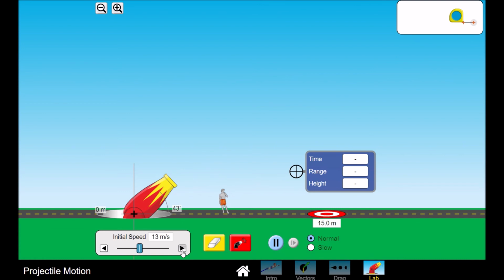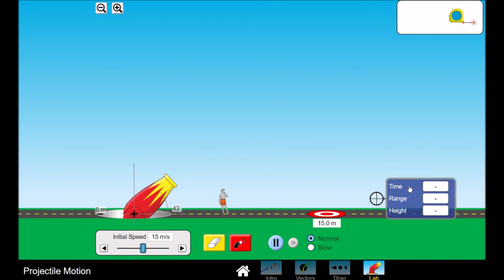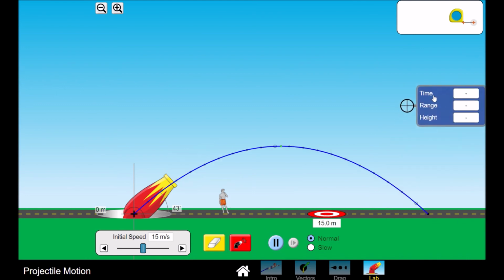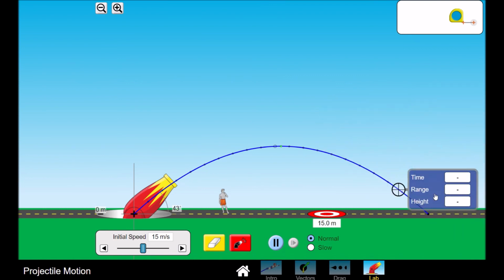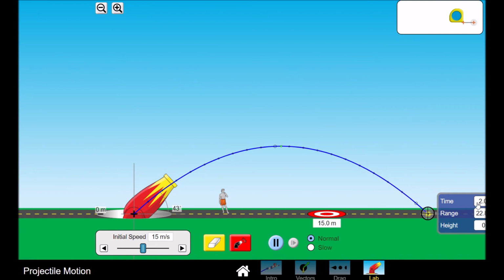This is going to be the range and also the trip time if we have gravity at 9.81. The trip time, you can't really see because it's out of range, but this one is 2.09 seconds.